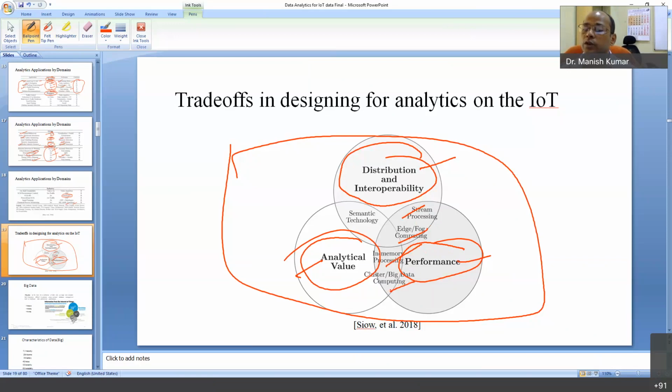For the trade-off between distribution and analytical value, semantic technology is very much used, whereas distribution, interoperability, and performance could be handled by edge and fog, while analytical value and performance could be handled with in-memory processing and distributed and parallel processing of big data.